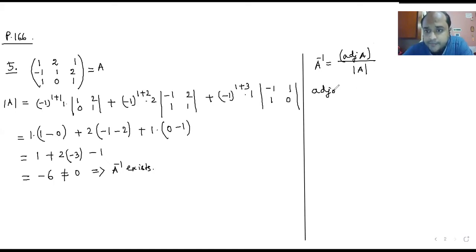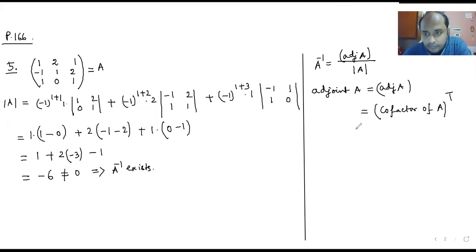Adjoint A, which is usually denoted by Adj A, is the transpose of the cofactor of A. Cofactor of A is also a matrix, so its transpose is the adjoint of A. So let us first find the cofactor of A, and then we'll take the transpose to find the adjoint of A.